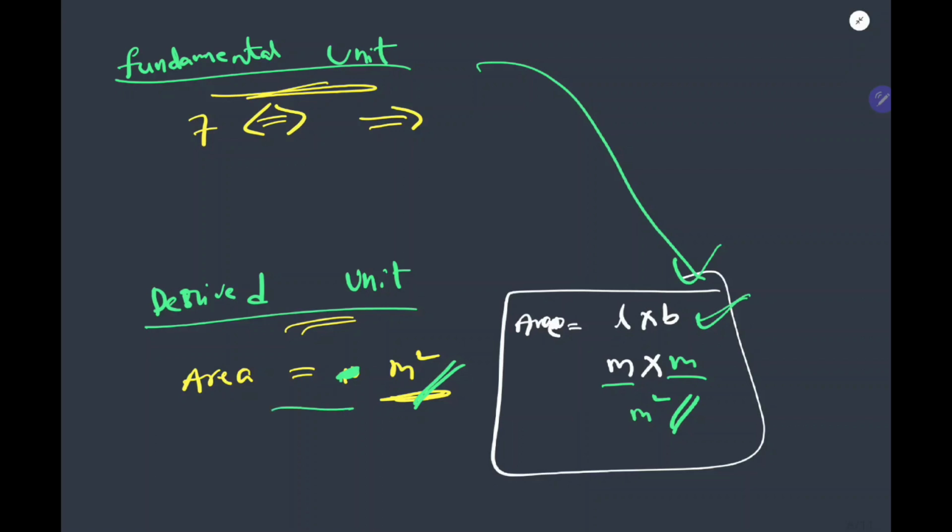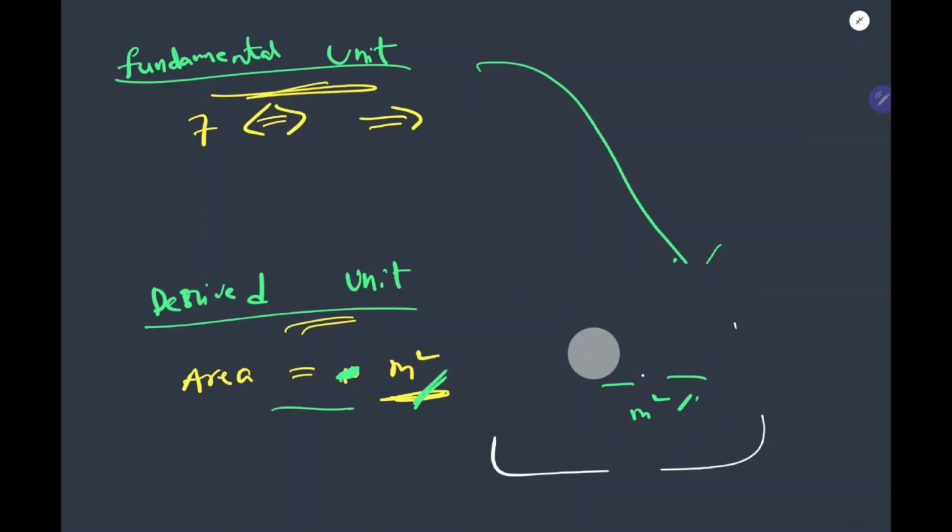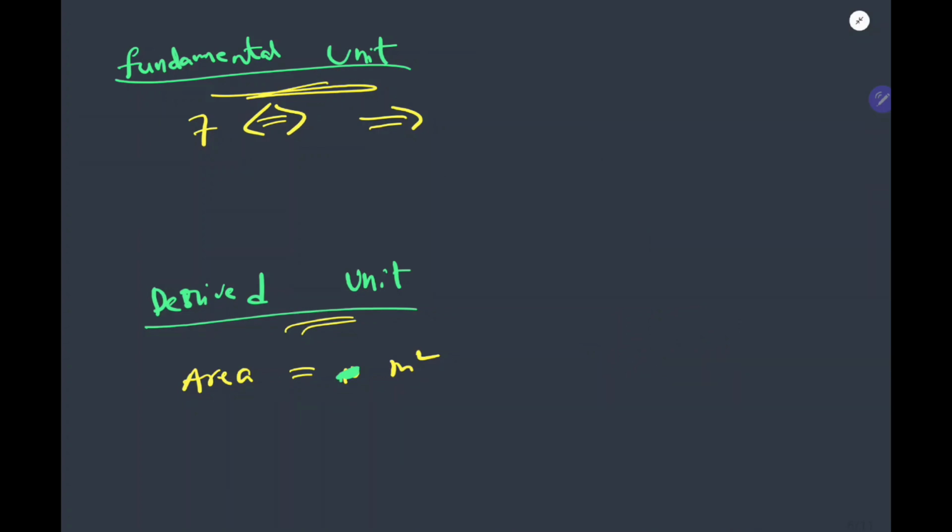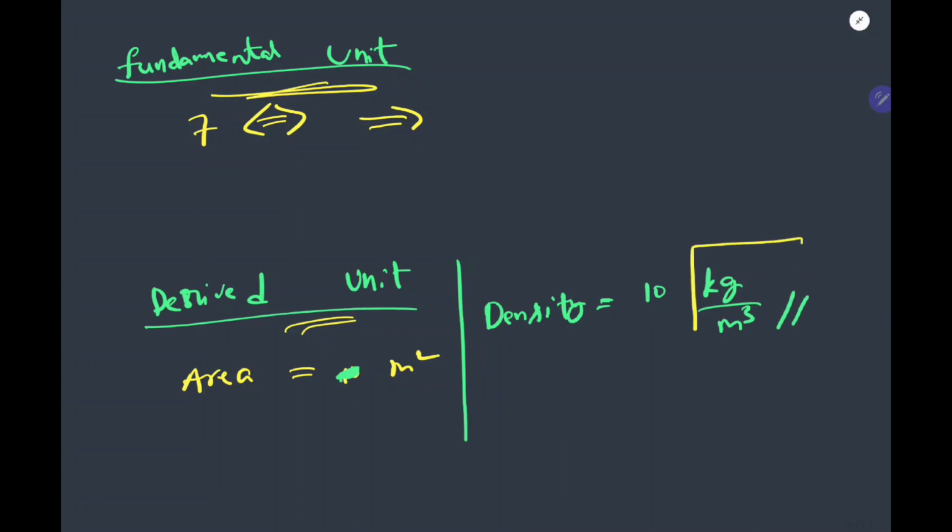At the same time we can take another derived unit, for density. For density we often use units like 10 kg per meter cube. How does the kg per meter cube unit come? It comes from the derived unit.